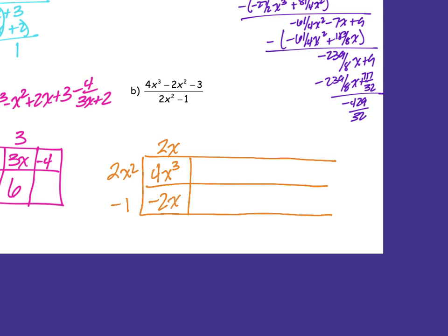Interesting, I think you're right. Oh, hold on. Let me see if we can maybe do this. So now the next term was negative 2x squared. What would I multiply to get negative 2x squared? Negative x, right?